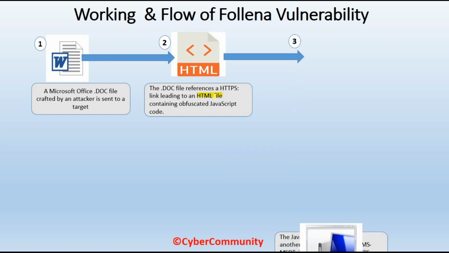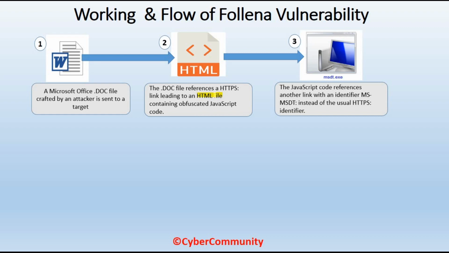But here this JavaScript code references another link, and that link is actually calling MSDT instead of the usual HTTPS. Whenever you click an HTML file, you should see HTTP or HTTPS in the URL bar of the browser. But here it is redirecting, or calling, msdt.exe.